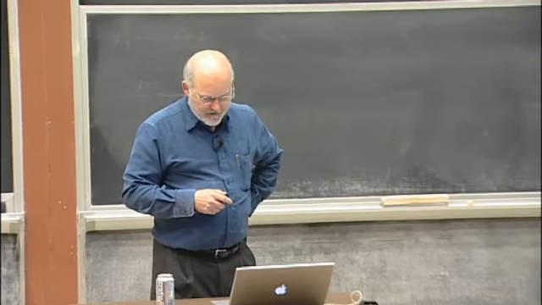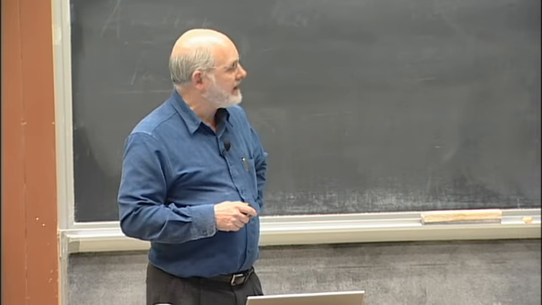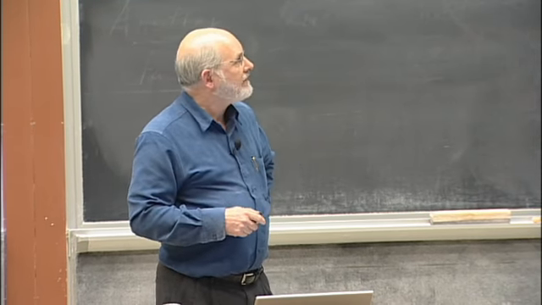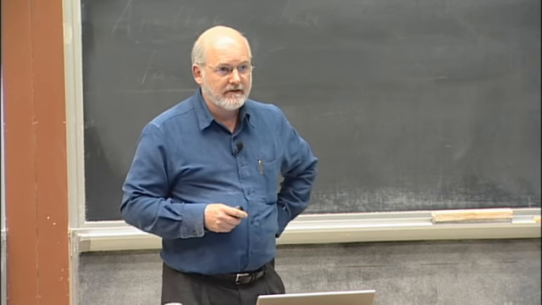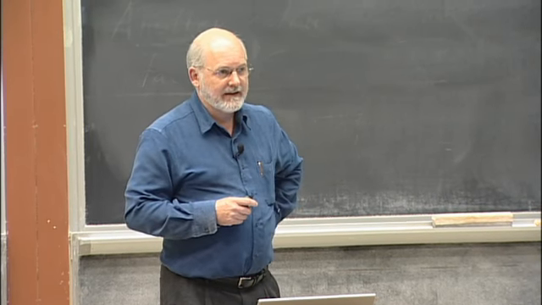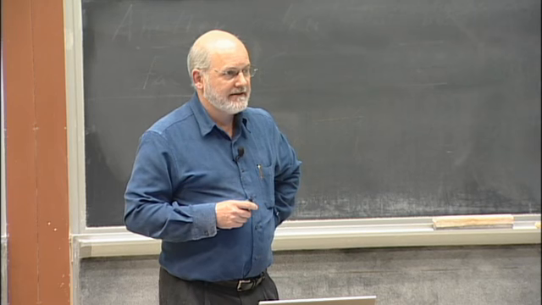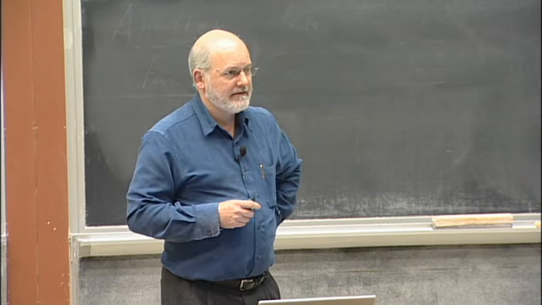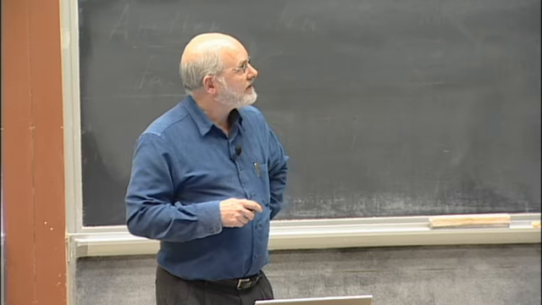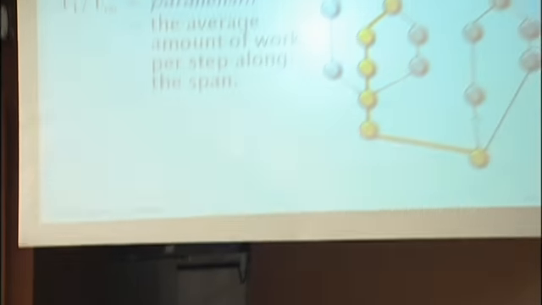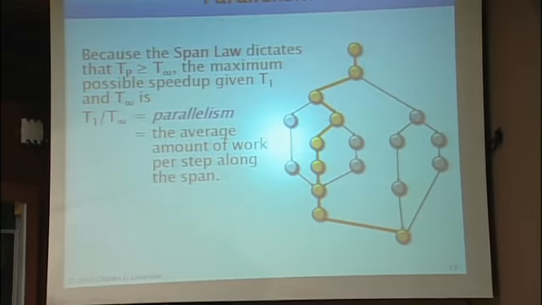For this example, what is the parallelism of this particular DAG? I forgot to put this on my slide. Two, right? The span has length 9, assuming everything was unit time.